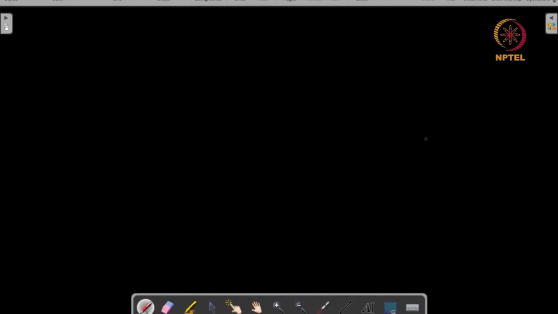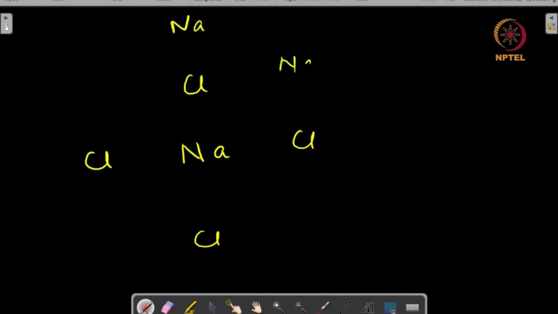It means that the atoms in a mineral will be arranged in a definite fixed manner. So for instance, we can have a structure in which, say, sodium is surrounded by chloride, and each chlorine or chloride is surrounded by sodium, and this pattern will go on repeating in this plane and will also go on repeating in a three-dimensional manner.